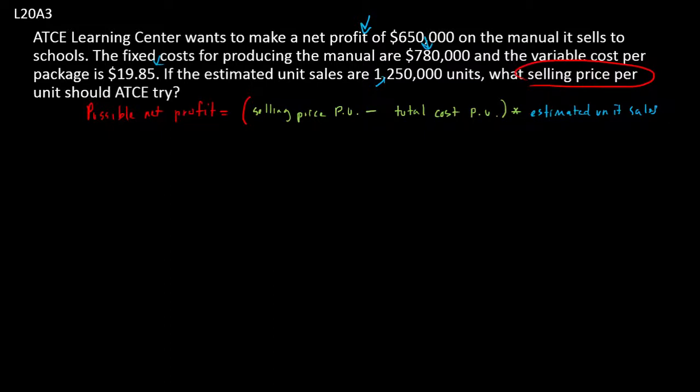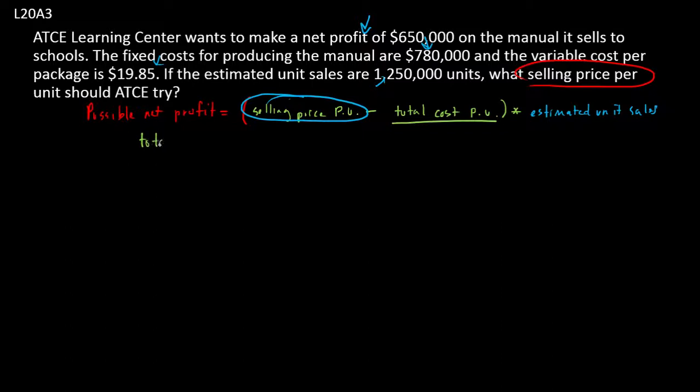So my eventual goal is going to be to rearrange this equation so I can get at my selling price per unit. But before I do that, I'm going to try to figure out the value of some of these other variables. So for example, I want to know what my total cost per unit is.